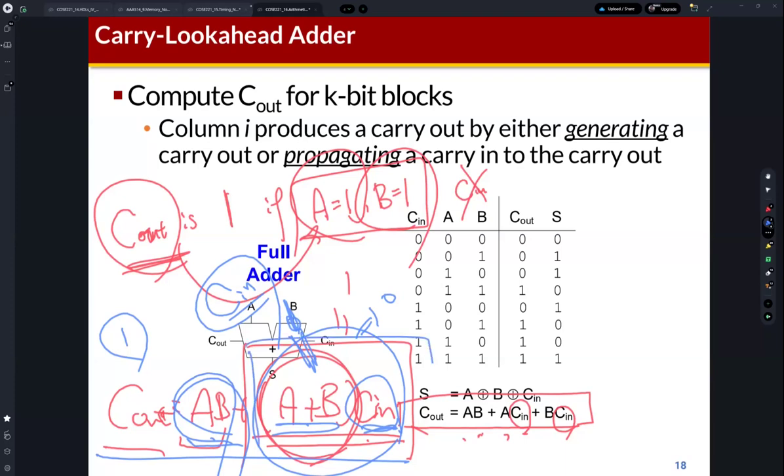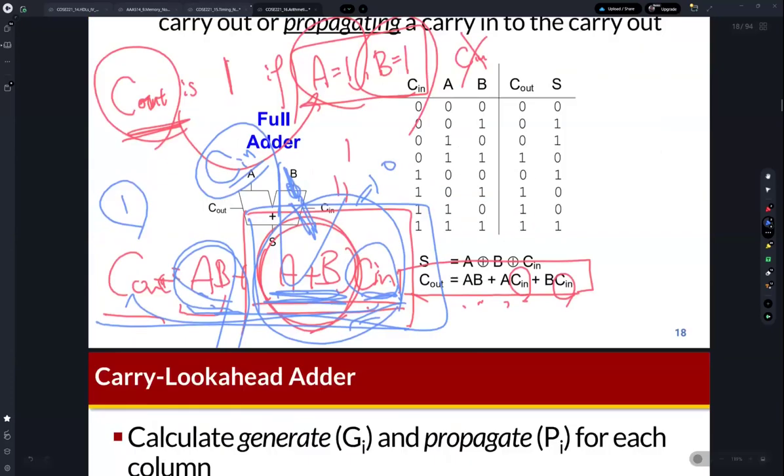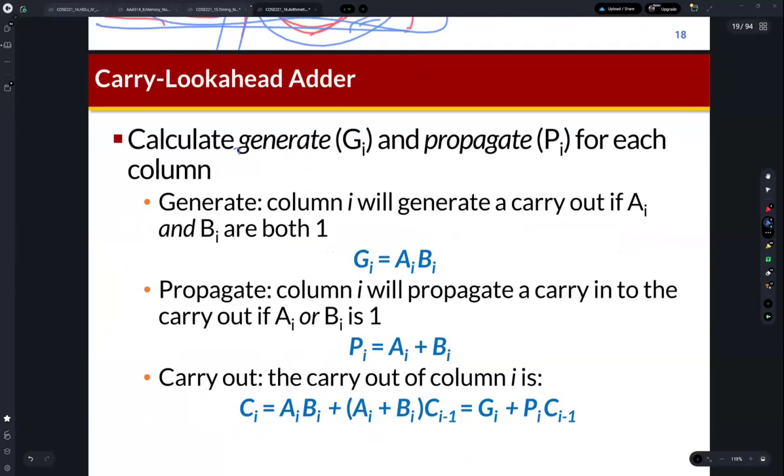If we focus on the term that includes C in, based on this value, the C in can be propagated to C out, or it can be blocked. So we can analyze the characteristics of this equation using C in. Firstly, we can start from the generate part and the propagation part of the carry.